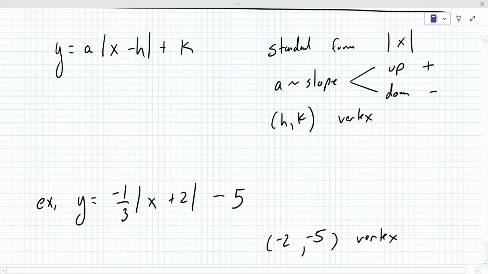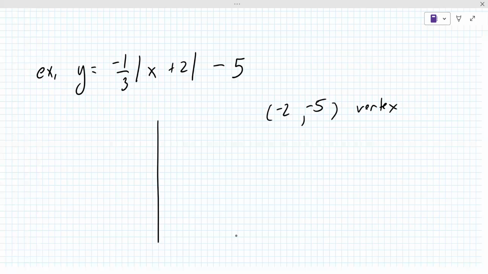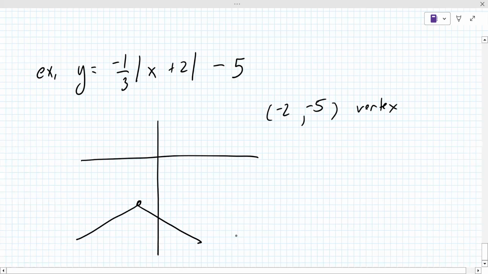Yes. Very good. Does this open up or down? Down. So without a lot of information, you can say, okay, negative 2, negative 5, like that. And then the slope, you can roughly sketch like this.